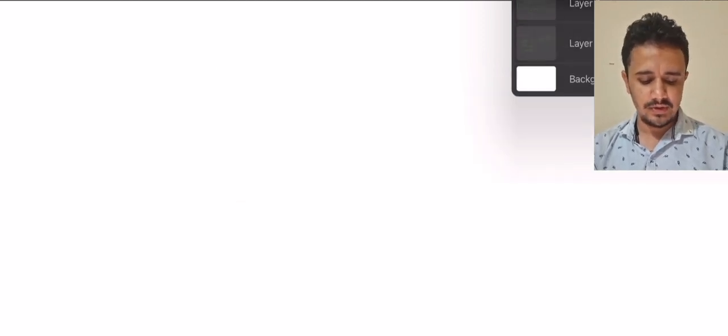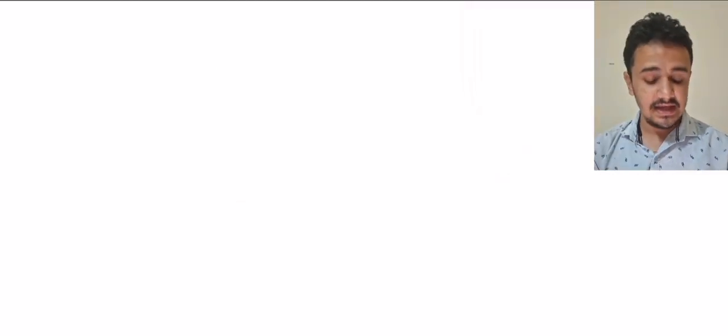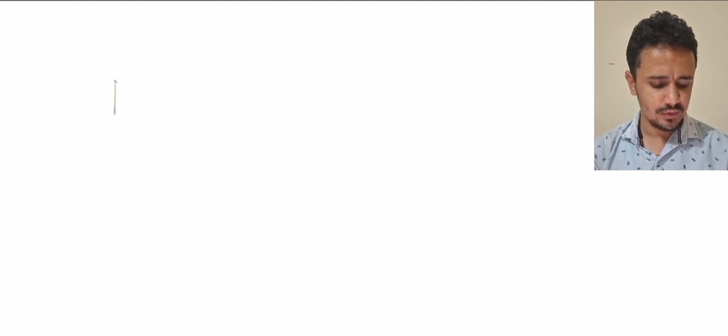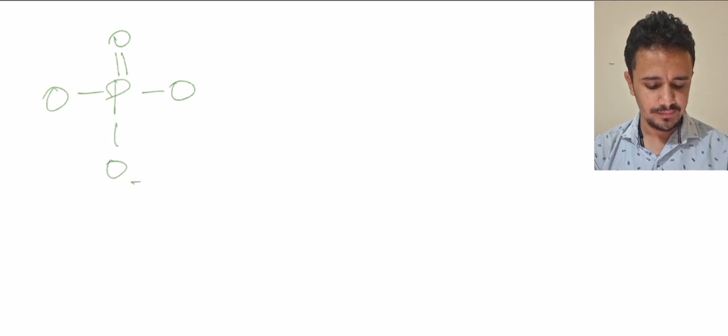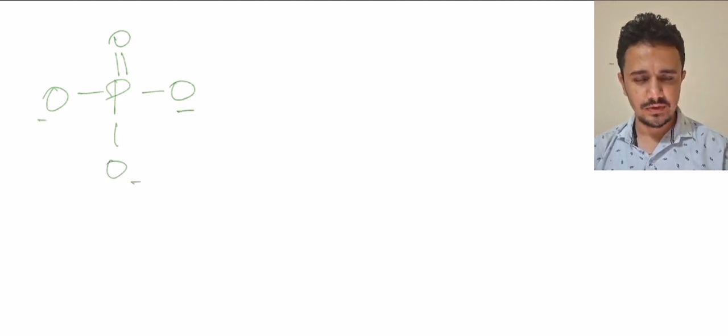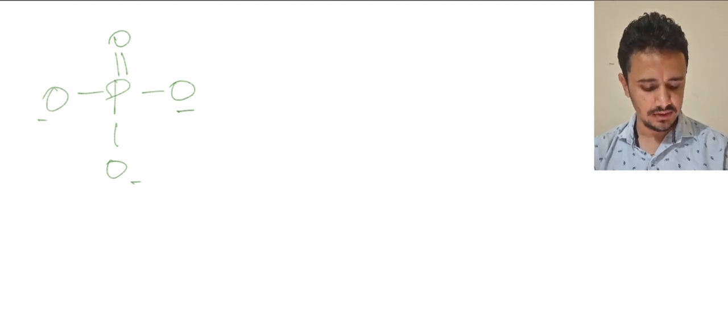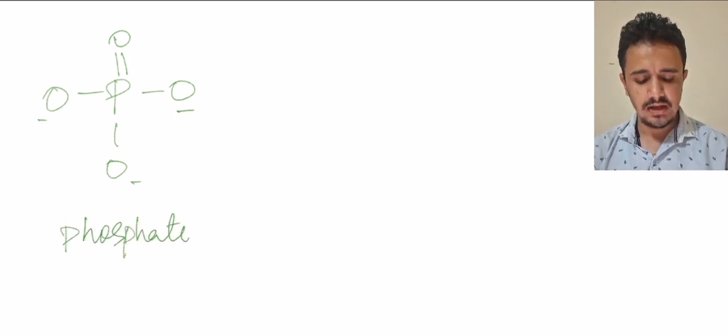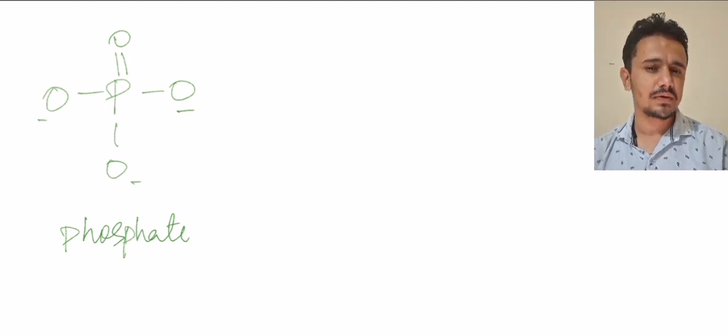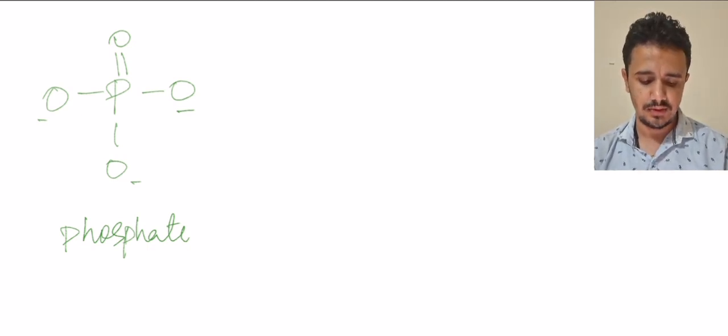When we learn about DNA, we see that DNA has a phosphate group which looks something like this. So this is our phosphate group, and we have sugar. Now let's see how a sugar looks. We have deoxyribose sugar, which will look something like this.